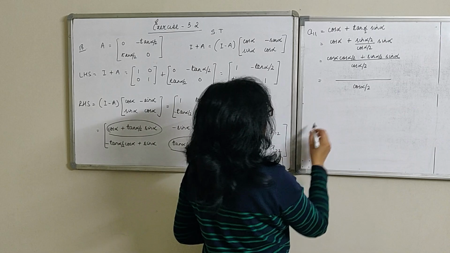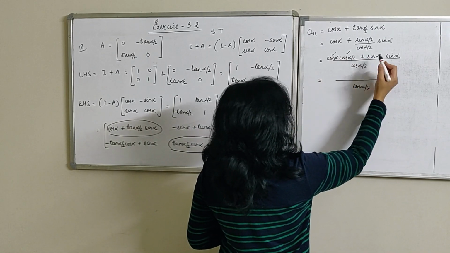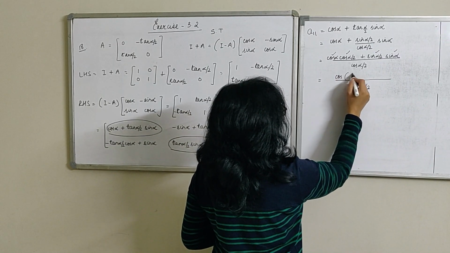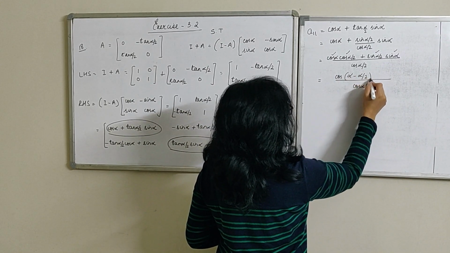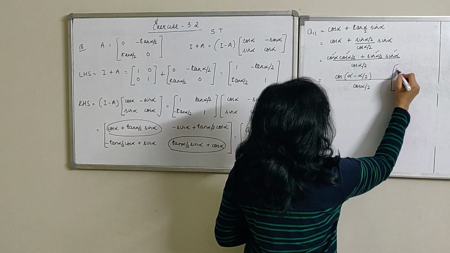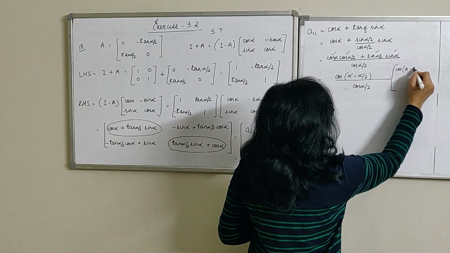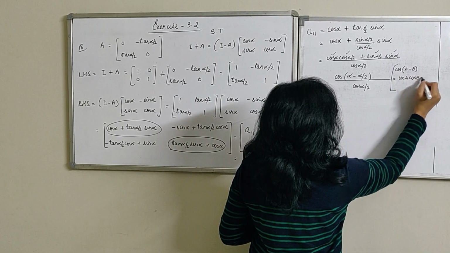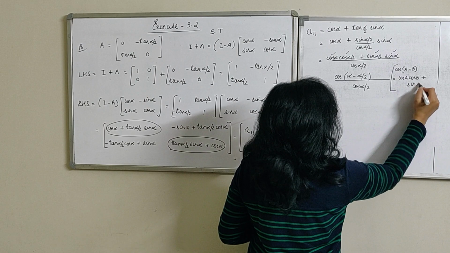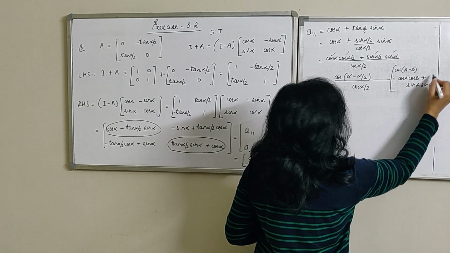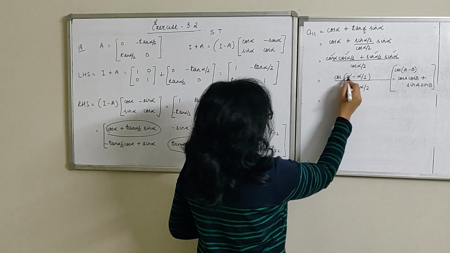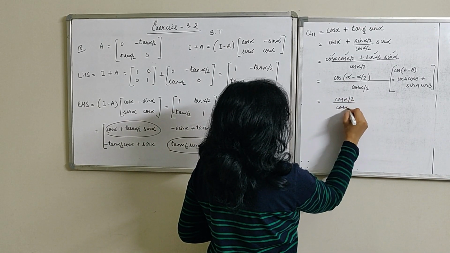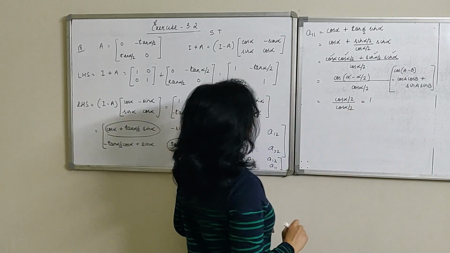In the numerator, it is cos A cos B plus sin A sin B. So that is equal to cos A minus B. The identity that we have used here is cos A minus B, which is equal to cos A cos B plus sin A sin B. So this becomes cos alpha by 2 upon cos alpha by 2, which is equal to 1.